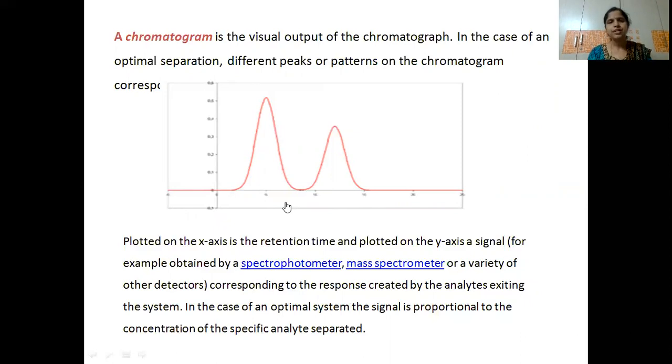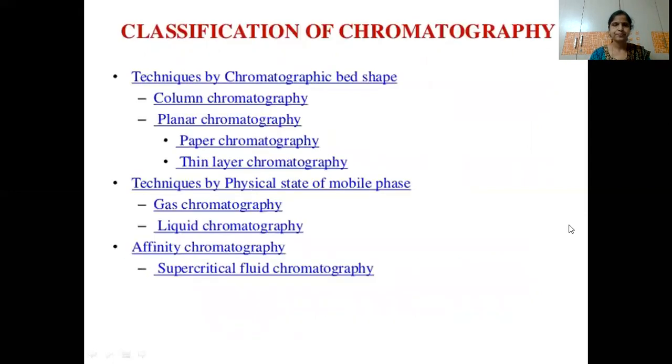Suppose if we have 3 peaks, that means there are 3 different components present in the mixture. And the area under this peak, this whole part, gives the information about the concentration of the component. So how much amount of the component is present in the mixture can also be detected by chromatography.